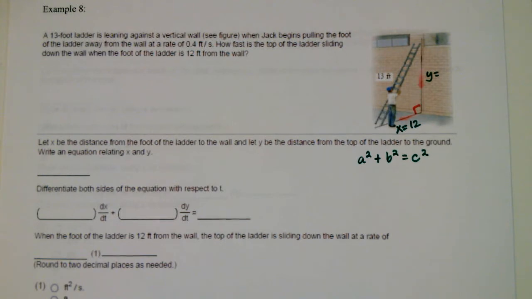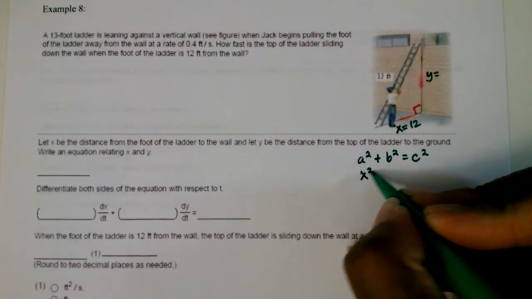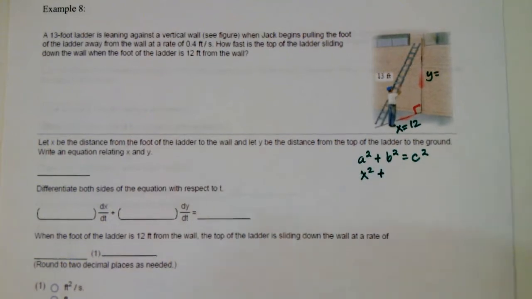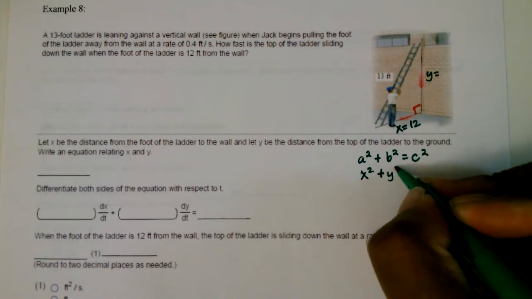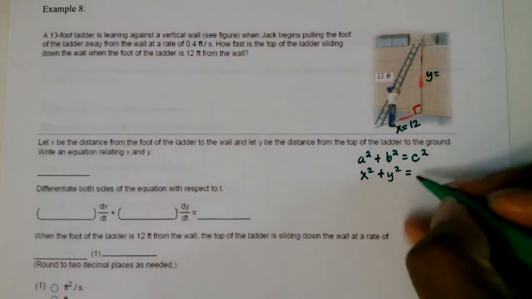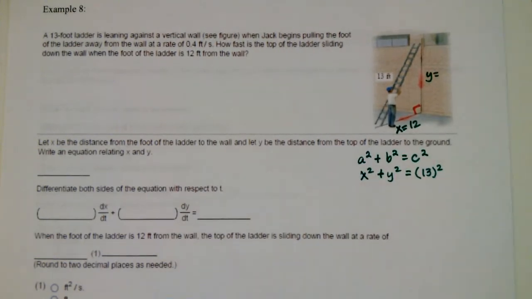And if I let x be the distance from the foot of the ladder to the wall, that's what a is going to be, x squared. Plus, I let y be the distance from the top of the ladder to the ground. That's this right here. That's going to be y squared, equaling the length of that ladder, which is 13 feet. And that 13 will be squared.